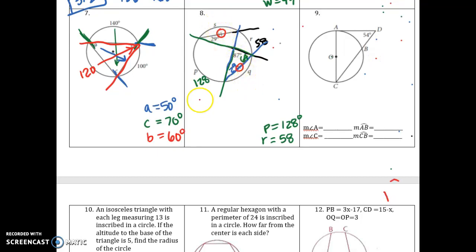So I can take away 128 and 58 from 360 and get 174. Cut 174 in half because both of these would then have to be the same, which would be 87. So S and P equal 87 degrees.